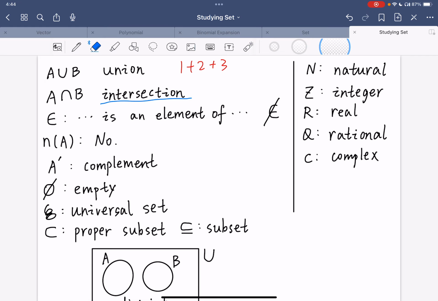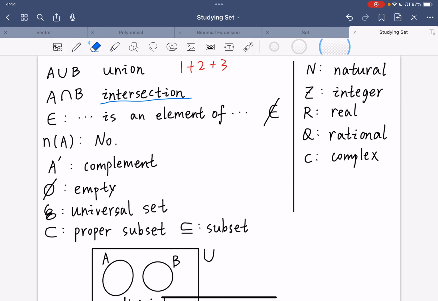Now let me introduce this term, complement. For example, there is a circle A, and the complement of A is the shaded area outside of the circle A, but still within the universal set. That is the complement. If we have a more complicated case with two circles, circle A and circle B, what is the complement?